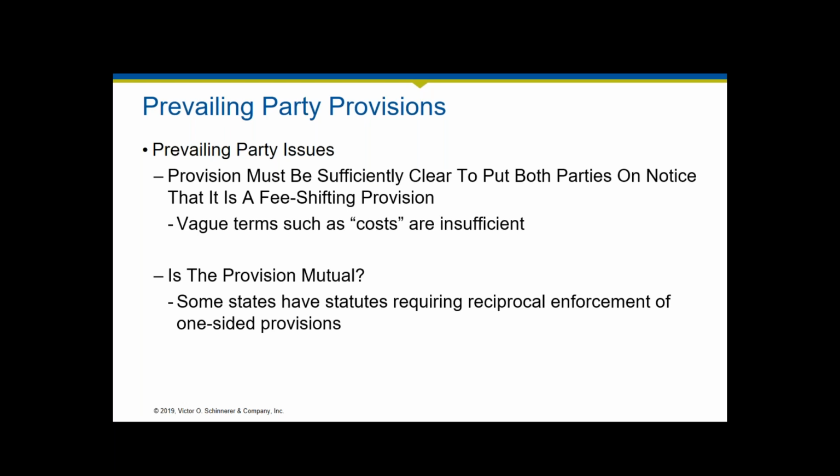Again, this is something that you would have to delve into specifically in your state law cases and make a determination whether it makes sense to have just a one-sided prevailing party provision. So these are some of the considerations that would have to be thought about and considered in consultation with your attorney if you decide to have a prevailing party provision in your contract.